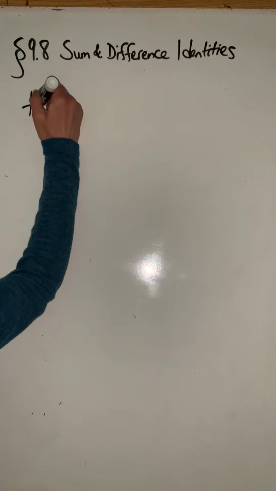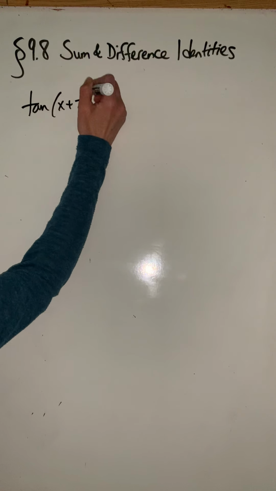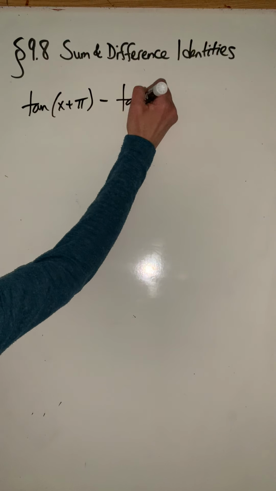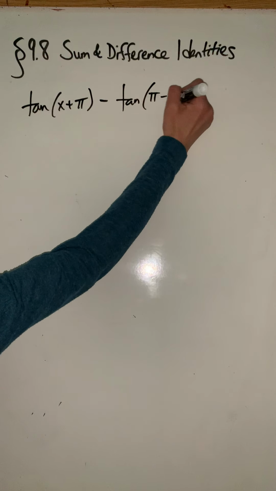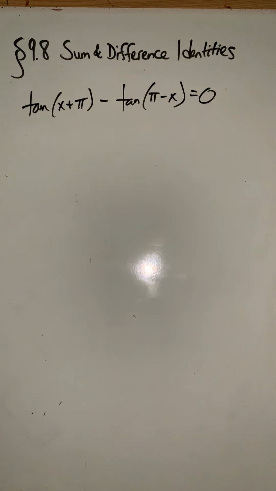Let's say we have the tangent of x plus pi minus the tangent of pi minus x equals 0. Okay, so first thing we're going to do is expand. Of course we are.